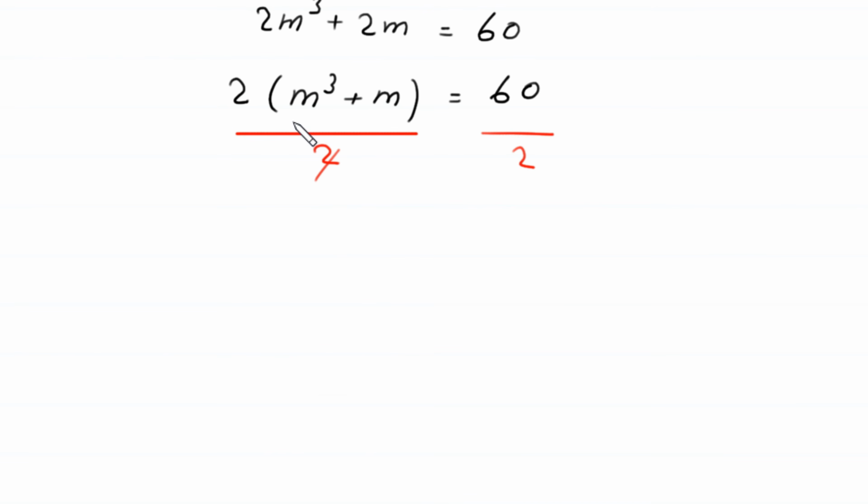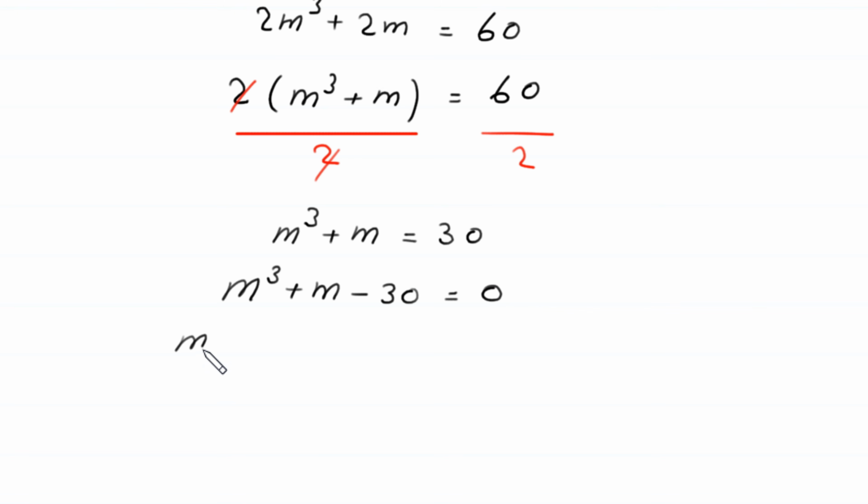So this 2 will be cancelled out with this 2, and at left hand side we are left with m^3 + m is equal to 60 divided by 2, which is 30. Now we move this 30 to the left hand side. This will become m^3 + m - 30 is equal to 0.